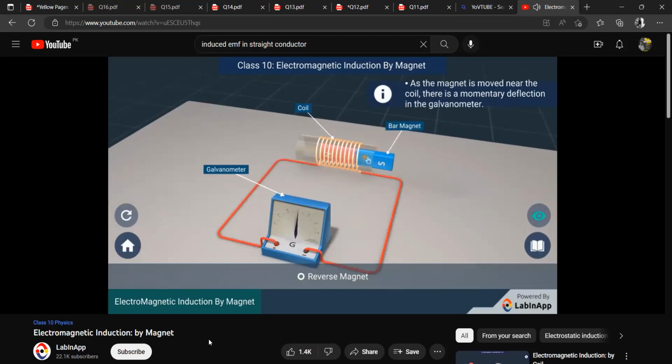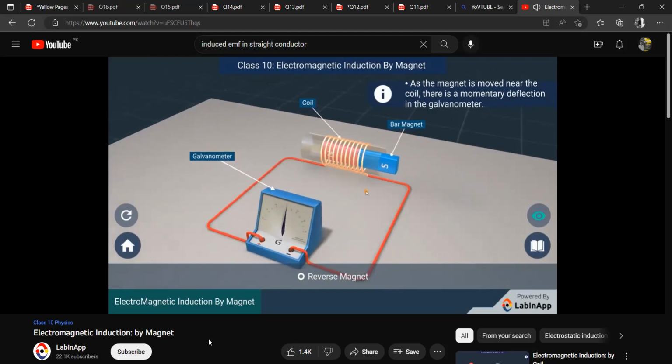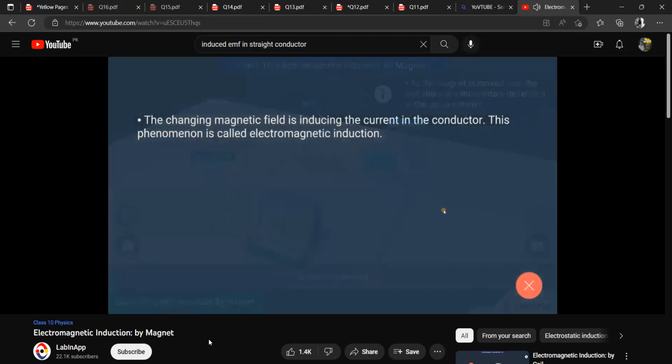As the magnet comes to rest, the deflection stops. The deflection indicates that there is some current flowing through the coil. The galvanometer deflects only when the magnet is in motion near the coil. Motion of the magnet is responsible for the changing magnetic field. This changing magnetic field is inducing the current in the conductor. This phenomenon is called electromagnetic induction.